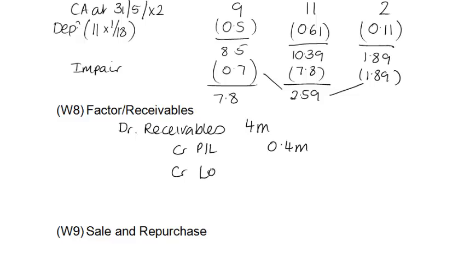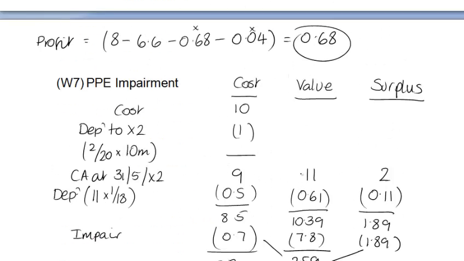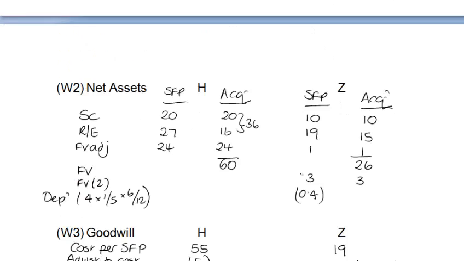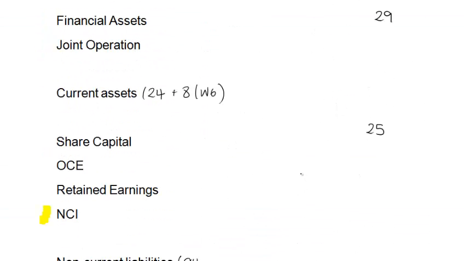And I'm going to treat the money from the factor as a loan. Because what is it? It falls within the IFRS 9 definition of a financial liability, because we have an obligation to transfer economic benefits to another party as a result of a past event. So plus 4 from working number 9 is added on to current assets.